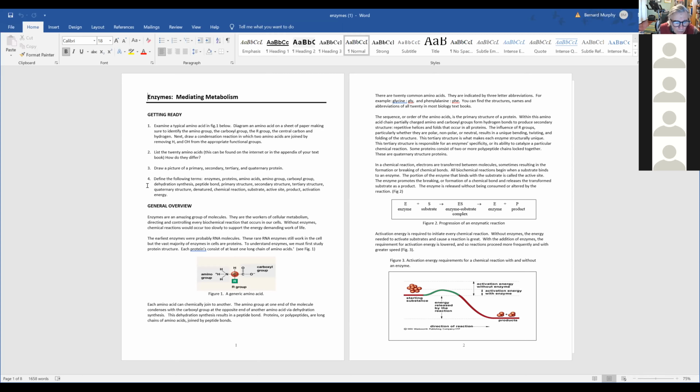I give a real life example of an inorganic catalyst: your car has a catalytic converter. Back in the old days, cars didn't have catalytic converters, and they put out CO2 and water, but they also put out burnt hydrocarbons that were really polluting.